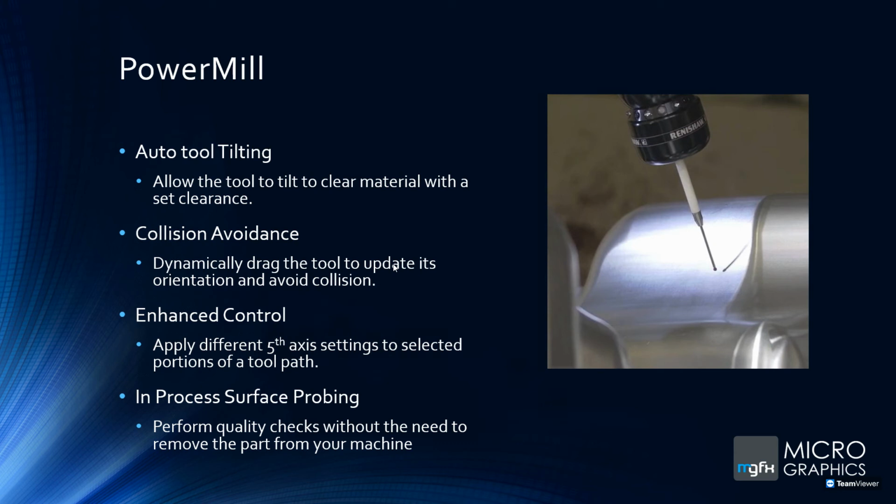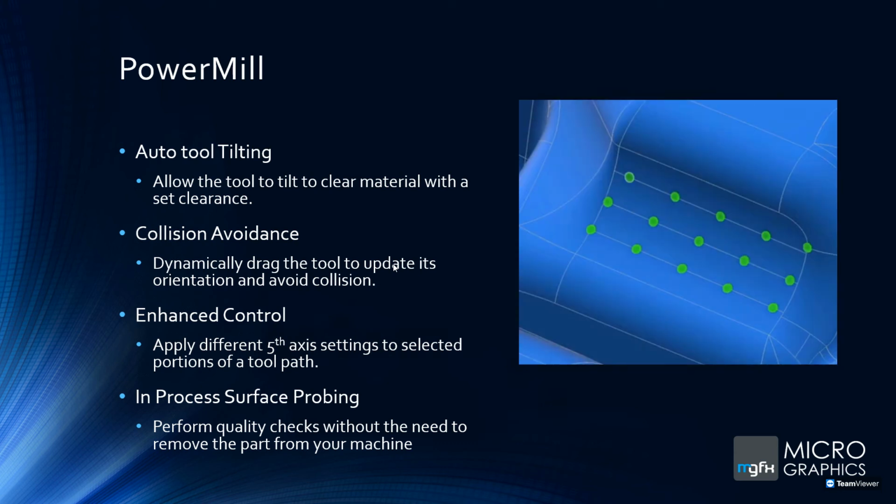But here, once again, just to reiterate, you can also achieve that in-process part verification with surface probing to check the part quality and tolerances within the part. And this is essentially set up by selecting portions of the surface, and the next slide will show this, or points on the surface that can be probed.